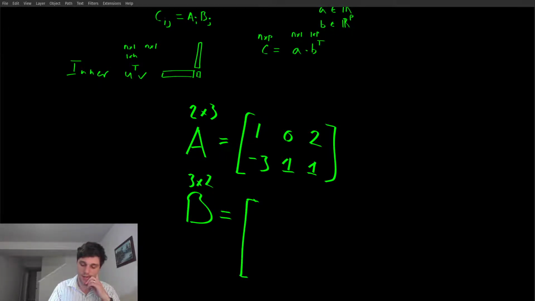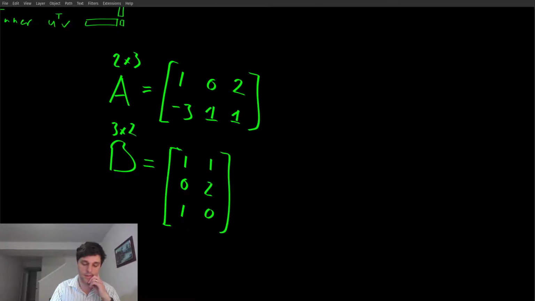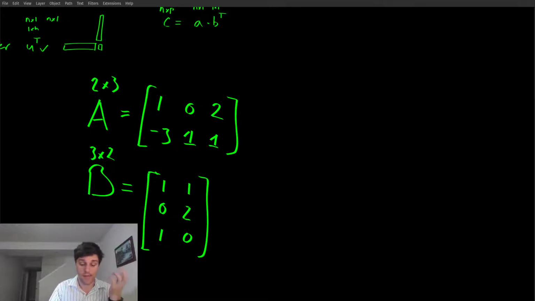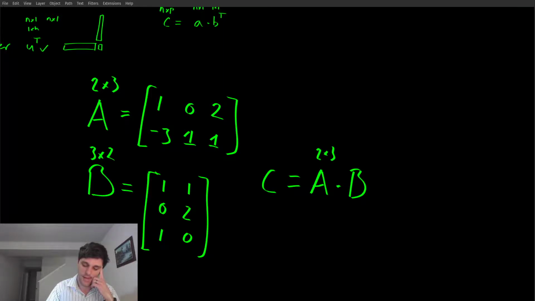So we need, I don't know, 1, 1, 0, 2, 1, 0. Again, I'm trying to not make my math too hard on myself here. Then what is C if C is A times B? A is 2 by 3, B is 3 by 2, so C is going to be 2 by 2, right?